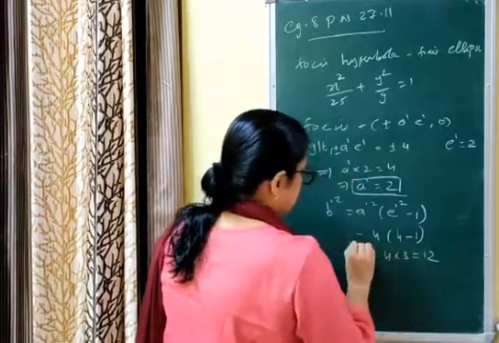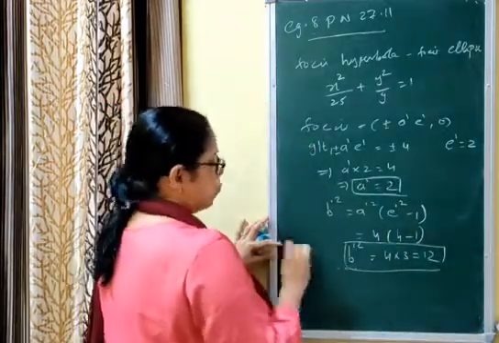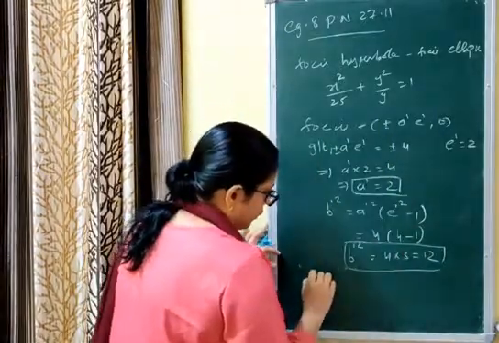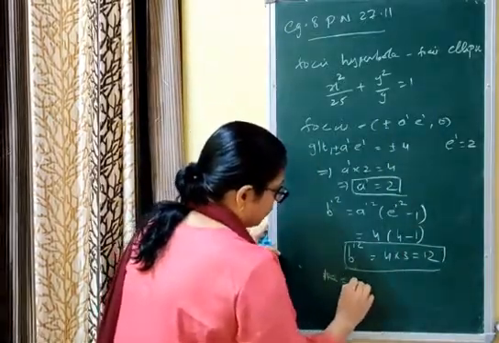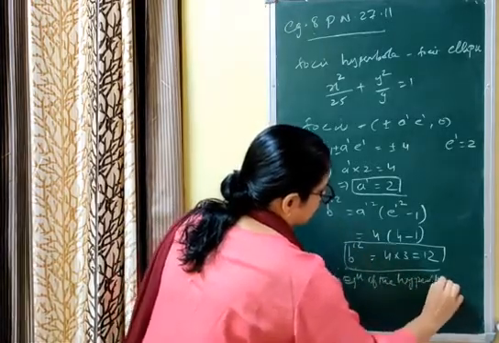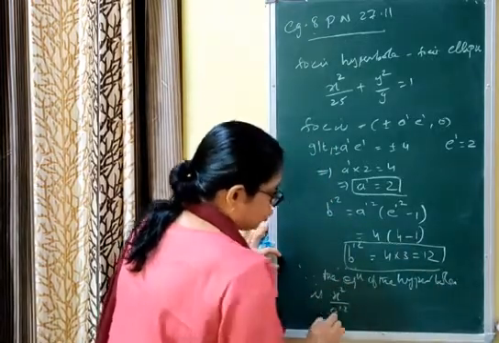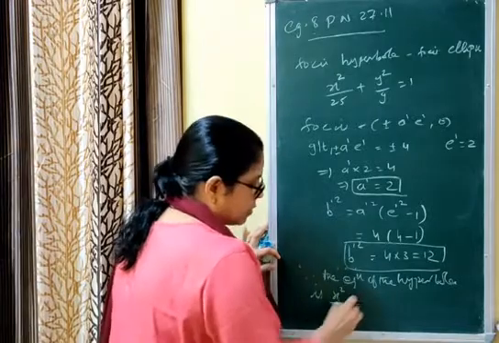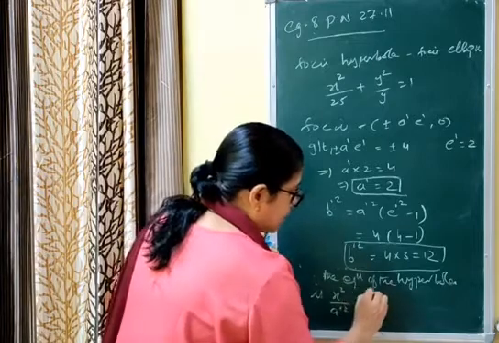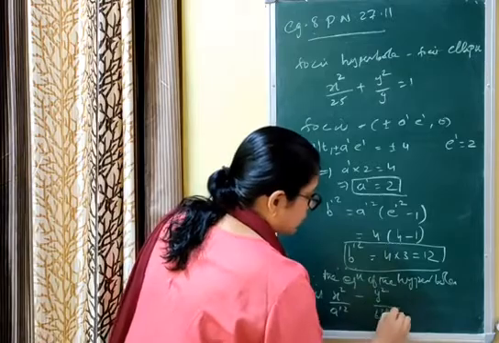That means you got b dash square equal to 12 and a dash square equal to 4. Therefore, the equation of the hyperbola is, as we assumed semi-transverse axis a dash and semi-conjugate axis b dash, x square by a dash square minus y square by b dash square equal to 1.